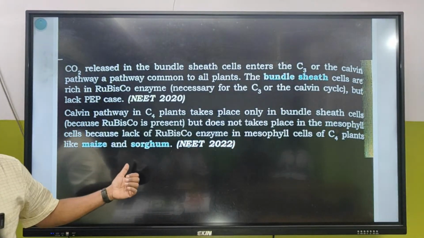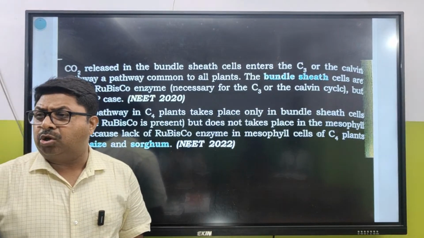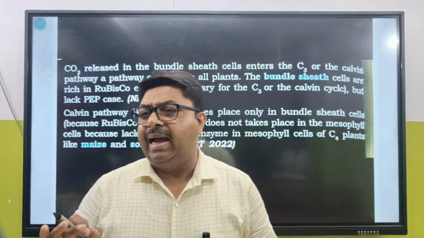Also, examples of C4 plants: maize, sorghum and sugarcane.